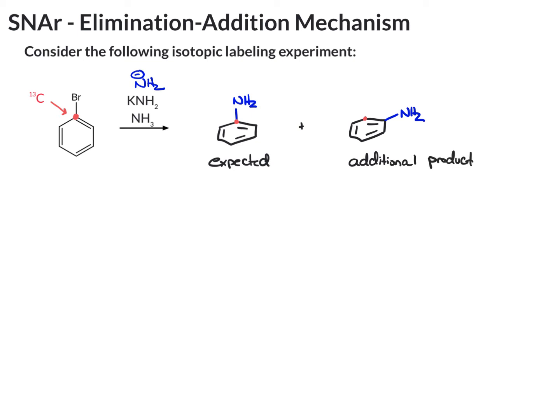So when this experiment was performed, it led researchers to ask the question, well, what is the mechanism? Because it's definitely not just a direct substitution at this labeled carbon. Something else must be going on for this nucleophile to be added next to it. So here's the proposed mechanism.